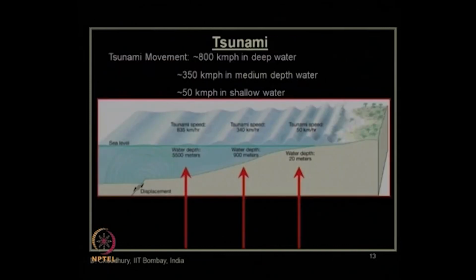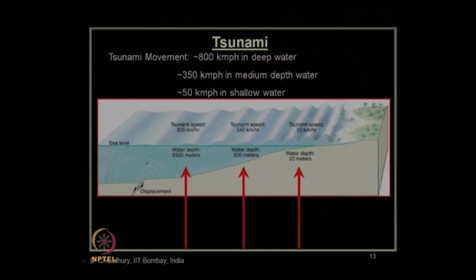Another earthquake related event we had already discussed in our previous lecture is the tsunami, the harbor wave. The tsunami gets generated in a large water body, sea or ocean, due to some vertical component of displacement of the sea floor or the ocean bed.